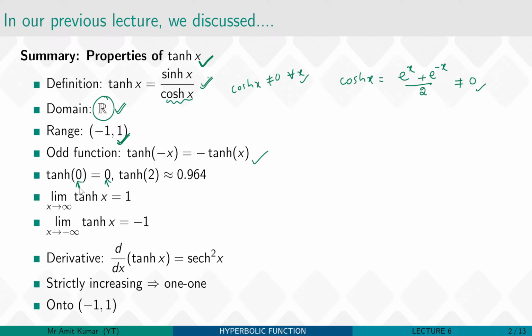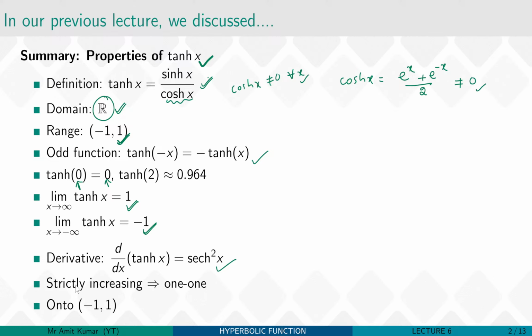Next, the limit as x tends to infinity of tan hyperbolic x is equal to 1. And similarly, the limit as x tends to minus infinity of tan hyperbolic x is equal to -1. And the derivative of tan hyperbolic x is equal to sec hyperbolic square x, or sec hyperbolic whole square x.